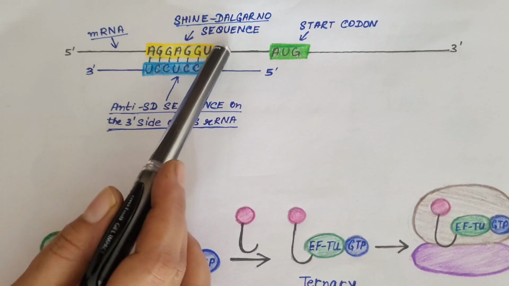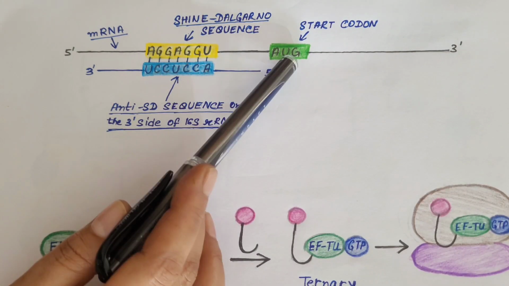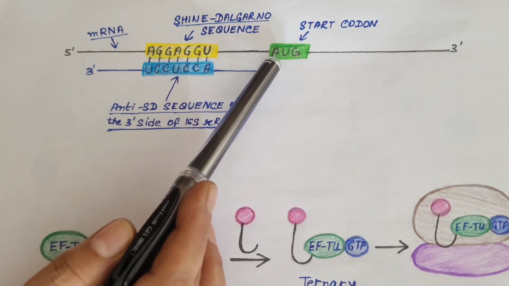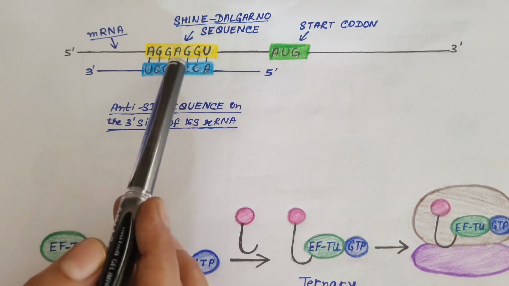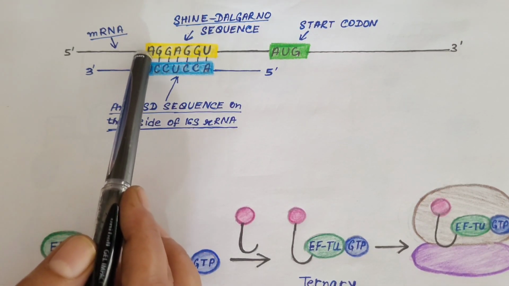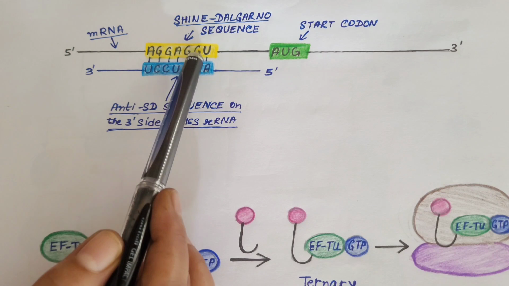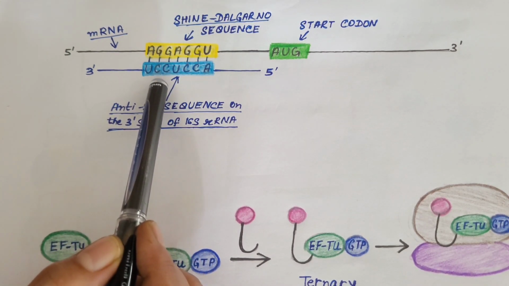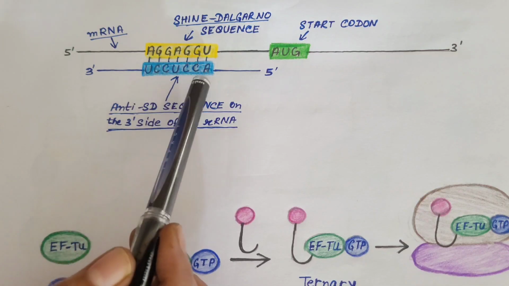So, this is the Shine-Dalgarno sequence, which lies 5' to the start codon or initiation codon known as AUG. It is a short sequence rich in purine. Its sequence is AGGAGGU. It is complementary to part of 16S ribosomal RNA.